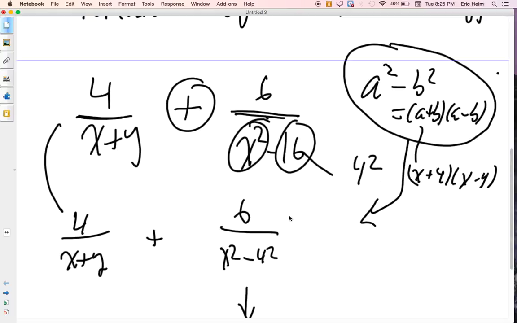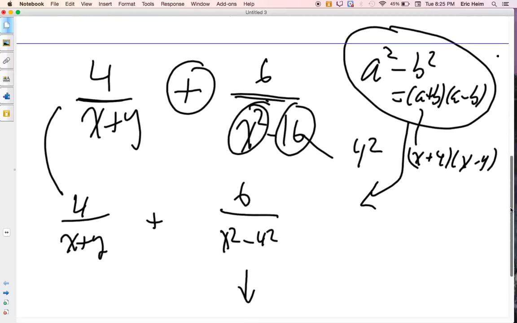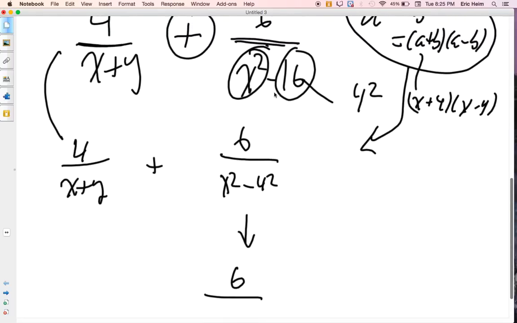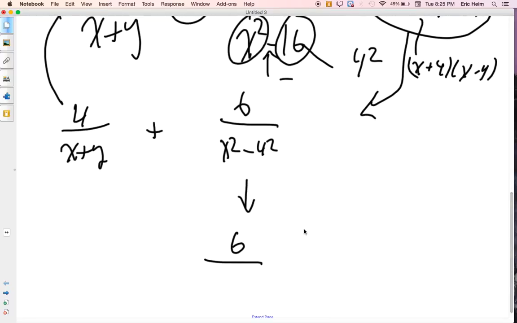What I'm applying is this a squared minus b squared identity to the pattern that we have here. How did I know to do that? Because I saw the x squared, and I know that 16 is also a square, and the difference between squares is the rule here. So this becomes 6 over x squared minus 4 squared, which can be written as x plus 4 and x minus 4.